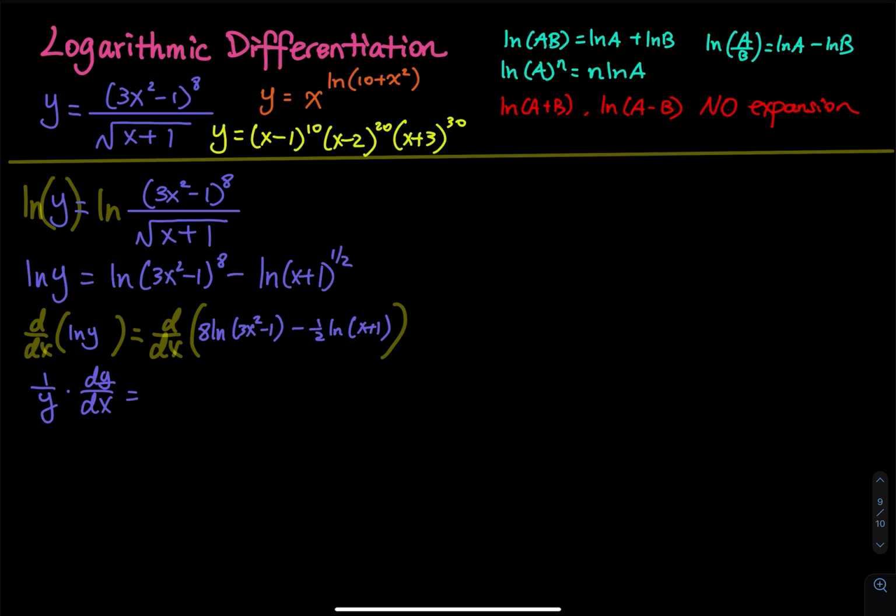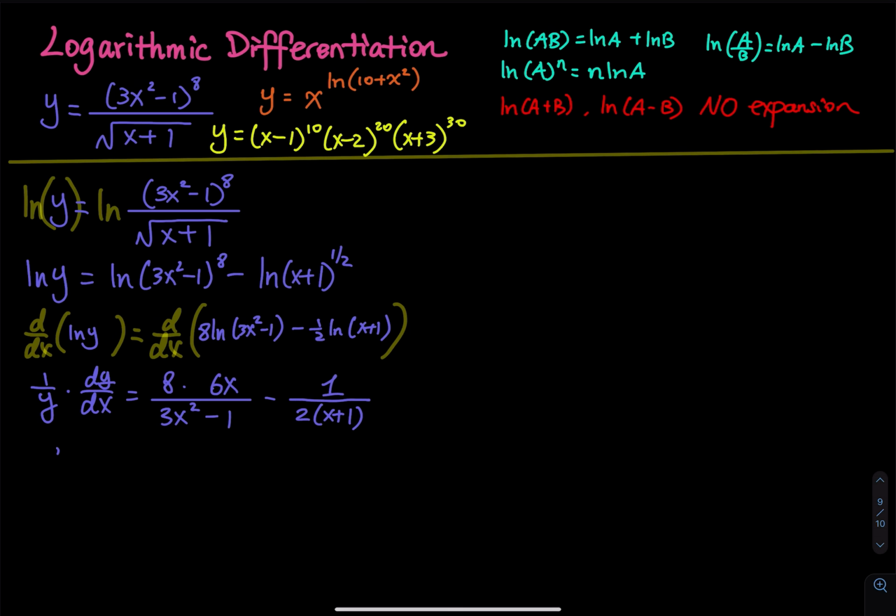And then the right hand side, you have the derivative of ln. So for the ln, you immediately bring the function to the denominator, 3x squared minus 1, and then the derivative of 3x squared minus 1 is 6x, right? 6x, and then of course don't forget that you have the 8 on top. And then the other one, you have a 1/2. Immediately bring the x plus 1 to the denominator, and the derivative of x plus 1 is 1.